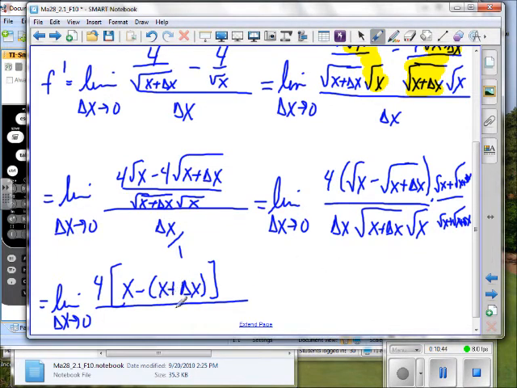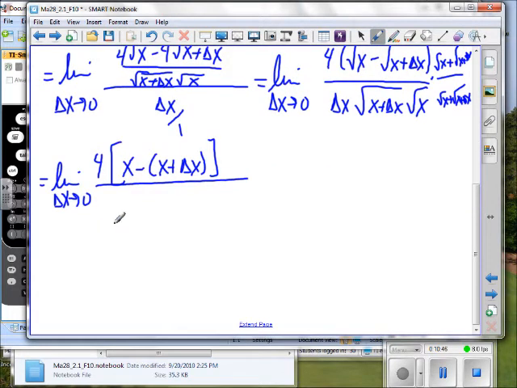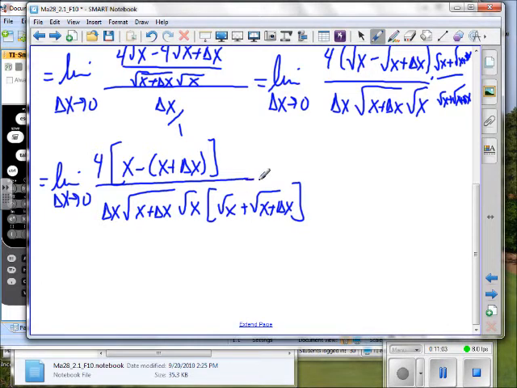Okay? And my denominator is going to look horrendous, but hang on, it works. This is why you have to write all your work out. You have to do that.